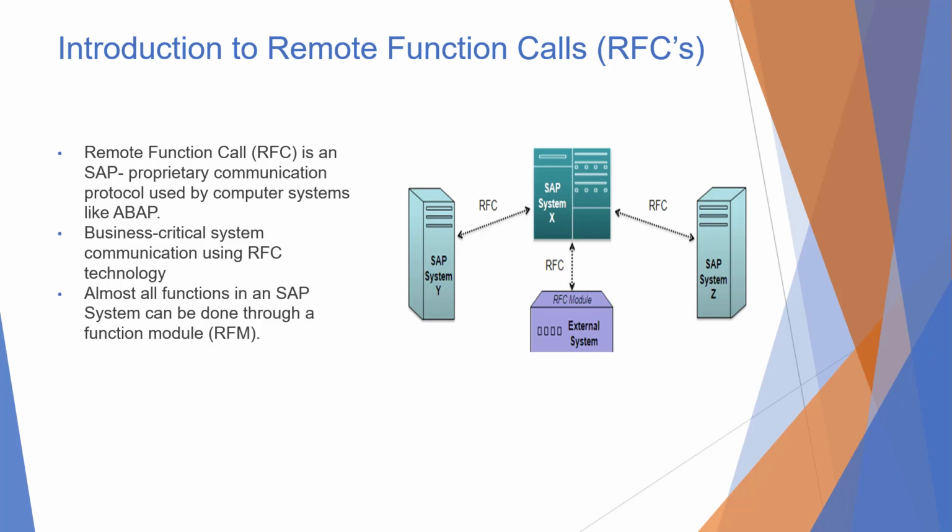RFMs provide roughly the same access in SAP as T-codes. While this functionality provides tremendous capabilities for system integrations, it also presents a cybersecurity risk to the SAP systems involved. On the next slide, we'll discuss some of the layers available to secure RFC and reduce the attack surface in your SAP systems.